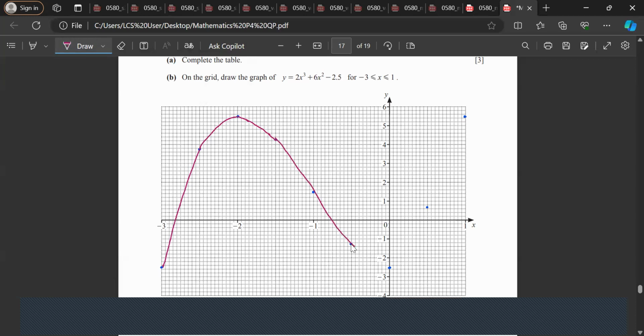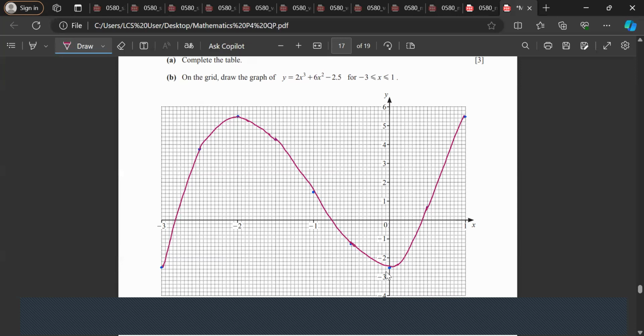And same here, touch it, don't do it very sharp. Touch it like this and go up here. I can repeat this part only. Any problem?